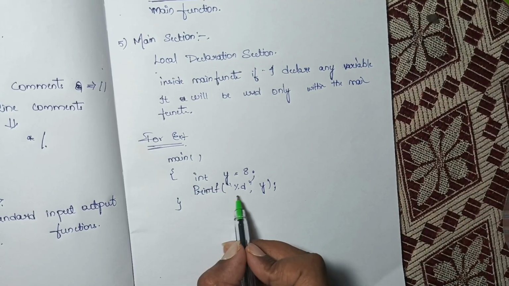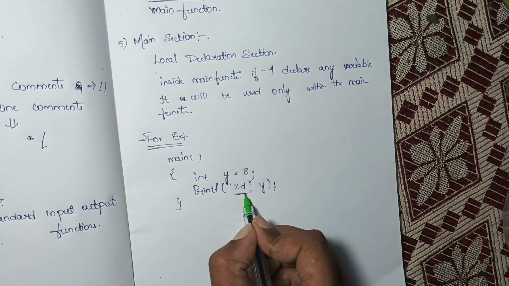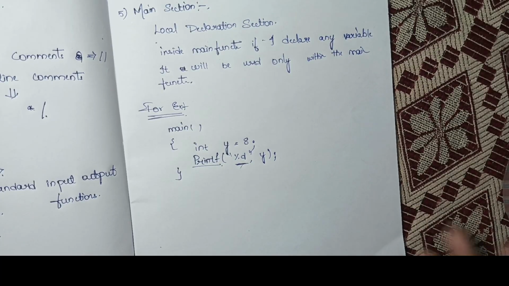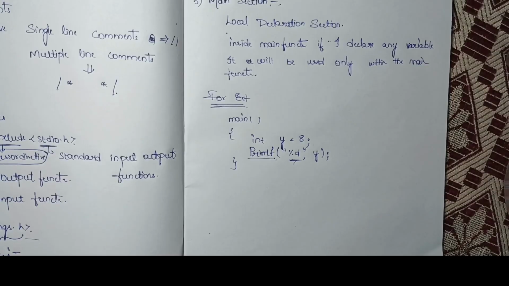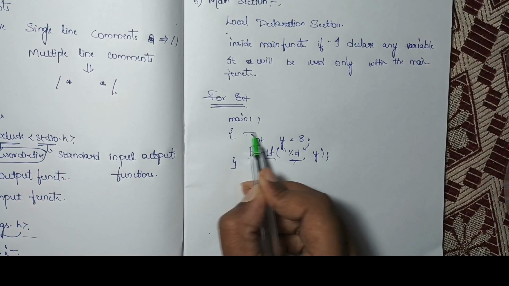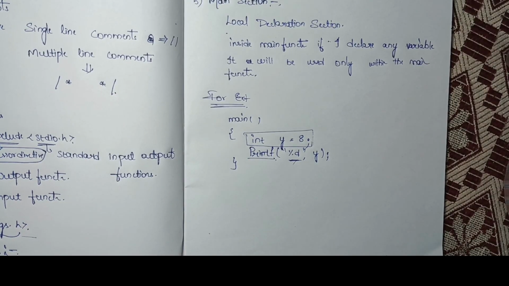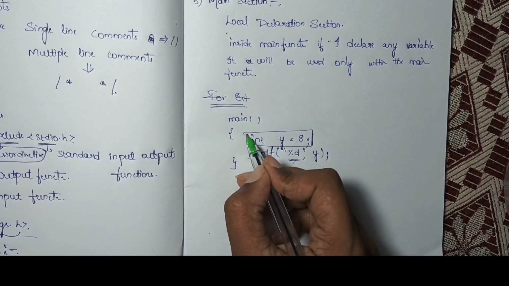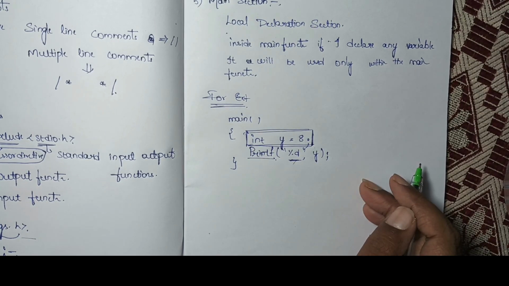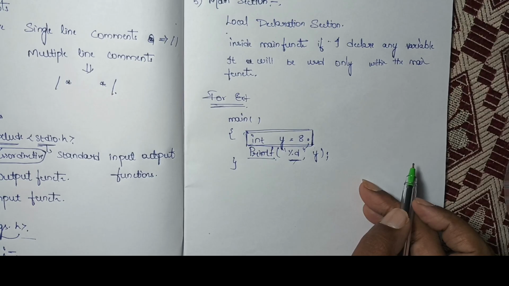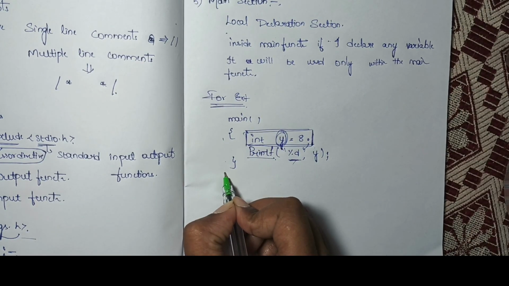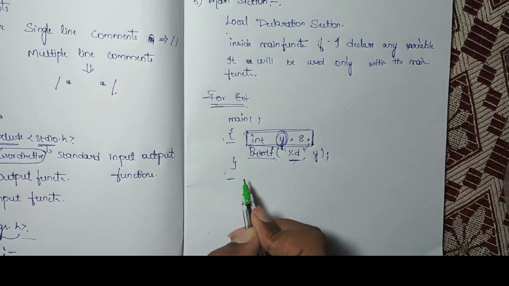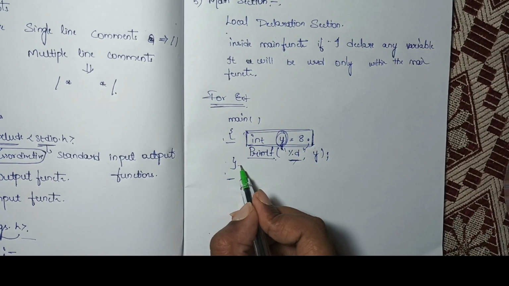Now you may have a doubt about all these %d and printf, but I'll explain in detail in upcoming videos. For now, just look at this statement. The variable y, in a simple way, the compiler remembers only within the main function, only within the main brackets. It won't remember outside this.